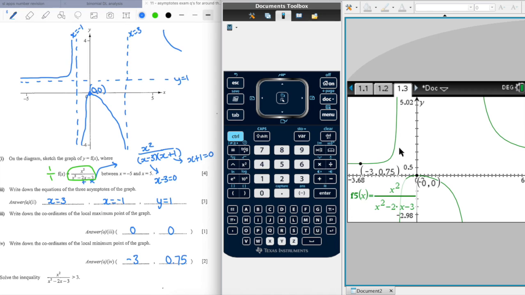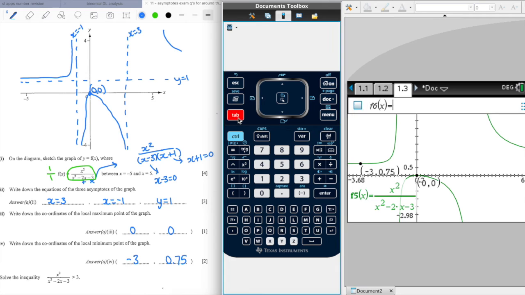And then the last question says, solve the inequality when f of x is bigger than 3. So I now need to go onto my graph and plot the line 3. There we go.